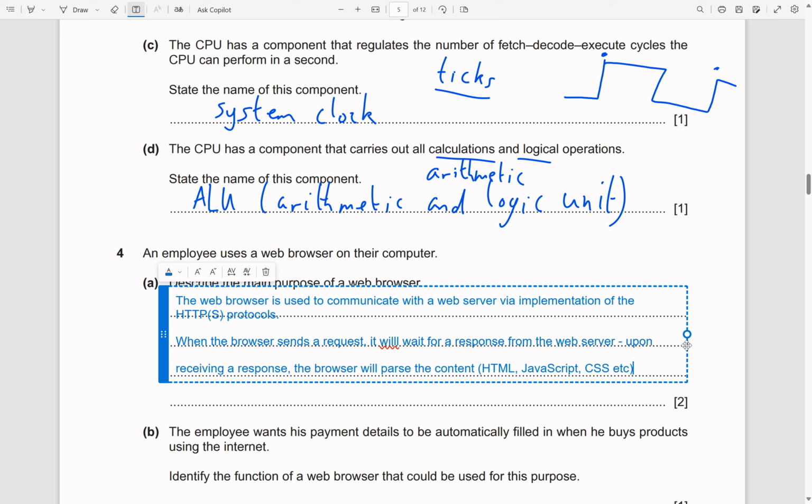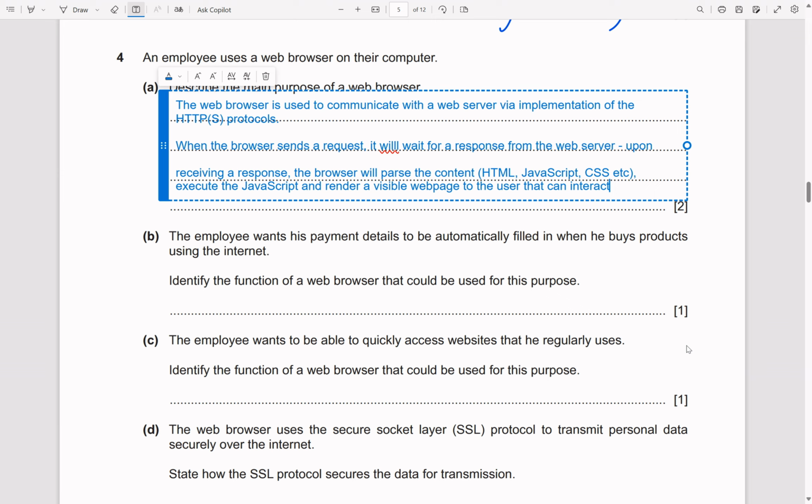If it's JavaScript, it also needs to execute, so execute the JavaScript. And then we'll say, render a visible web page to the user that they can interact with. I guess if it's a dynamic website, they can interact with it. If it's just a text-based website, I guess they can't really interact.